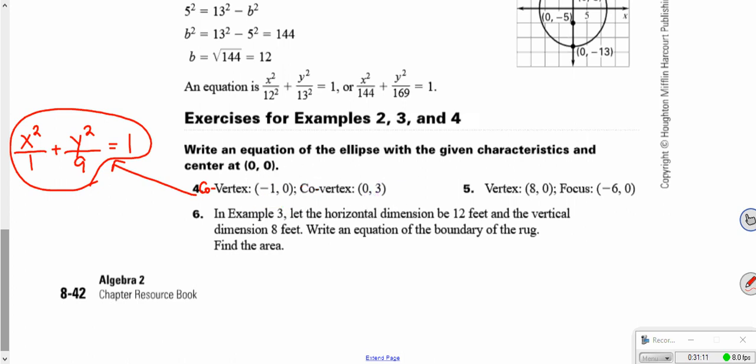So let me redo this here. It doesn't change our equation. Okay. But it does, interesting, change how we label it. So they did screw this up. So our vertex here, this would be my A, so A squared would be 9. Okay, this would be the co-vertex, so this is my B, so B squared would be 1.